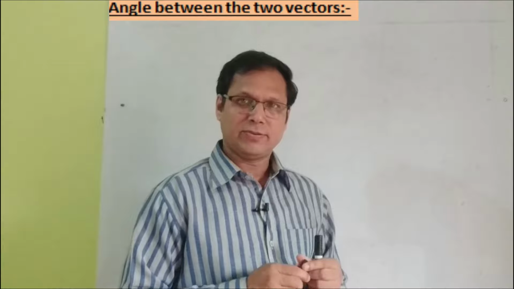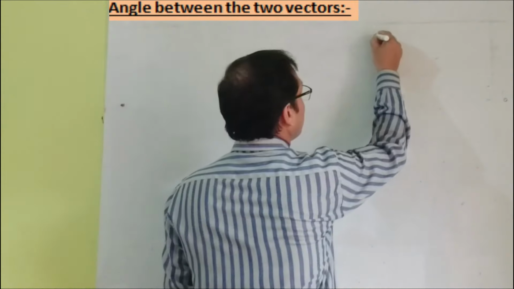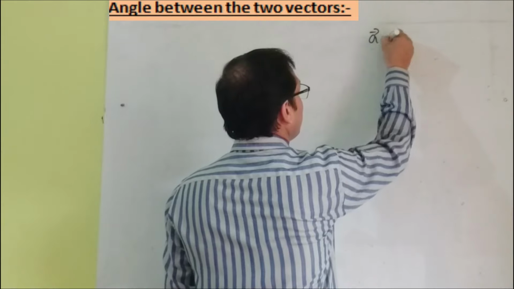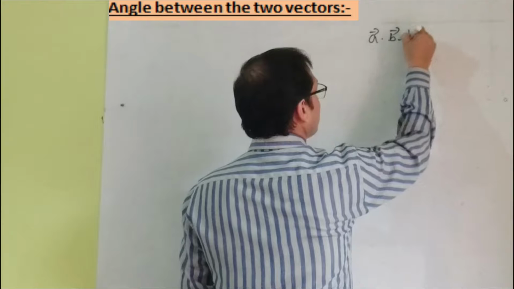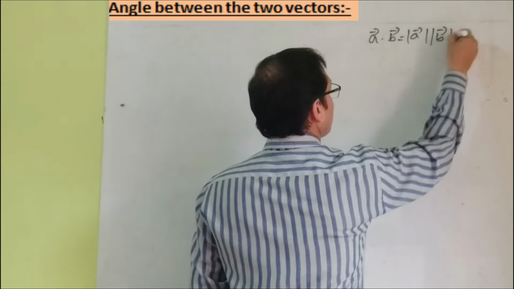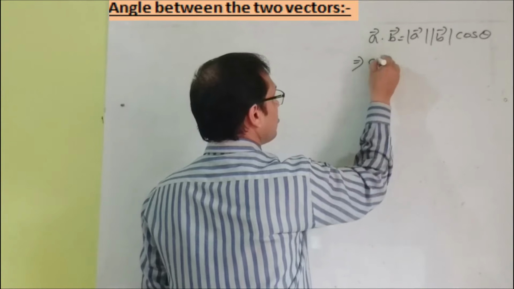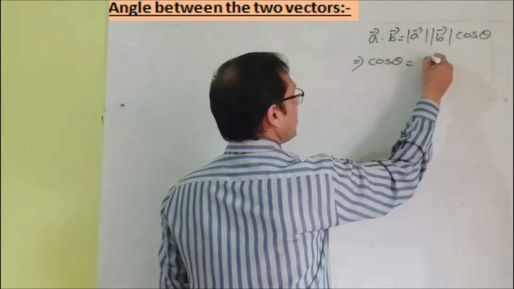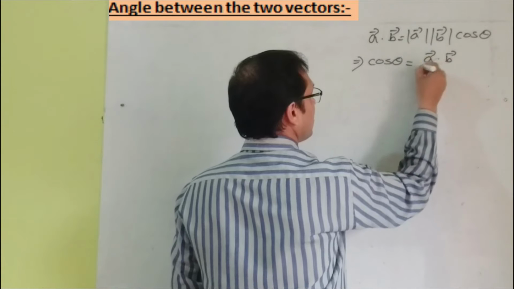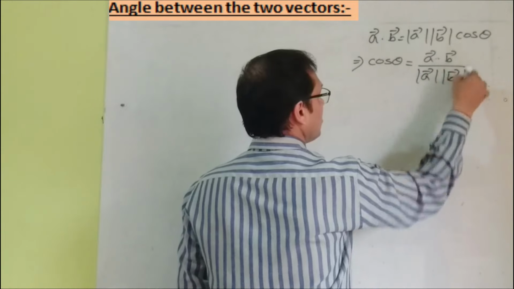Now we'll take the angle between two vectors and some properties of two vectors. If theta is the angle between the two vectors, then we have already found that a vector dot b vector is equal to a vector magnitude times b vector magnitude times cos theta. That implies cos theta is equal to a vector dot b vector divided by a vector magnitude times b vector magnitude.